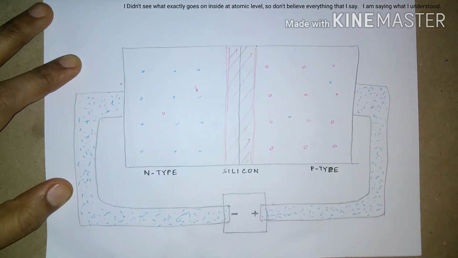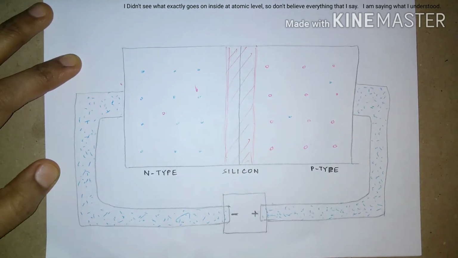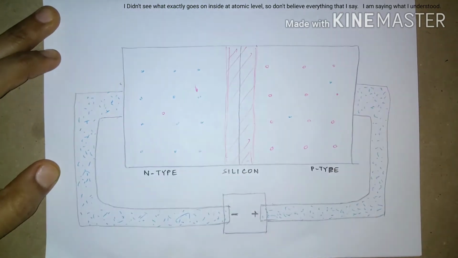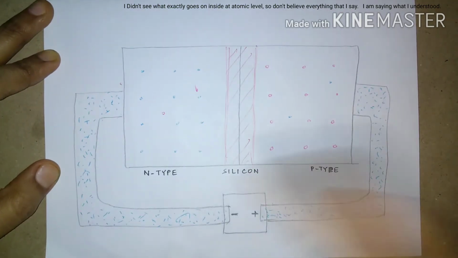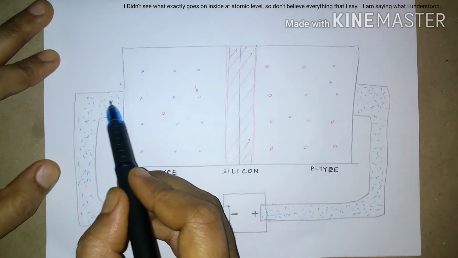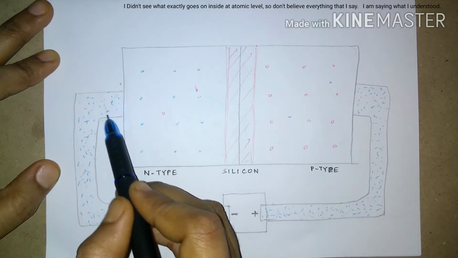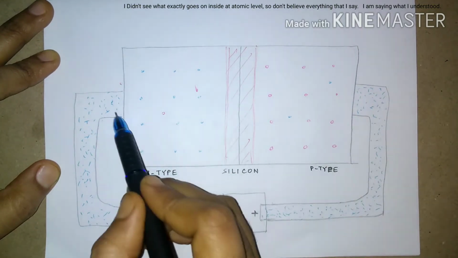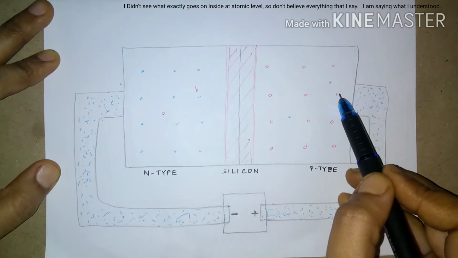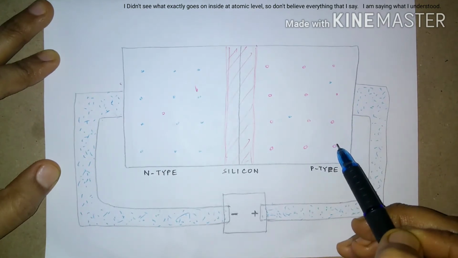This is some rough diagram, so try to imagine it in your own way and ignore all the background noises. Let's focus on what is going on here. Now all these electrons have high concentration over here, so you should get a doubt that these electrons should come and fill in these holes, right?